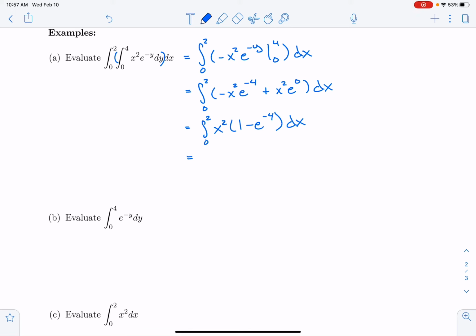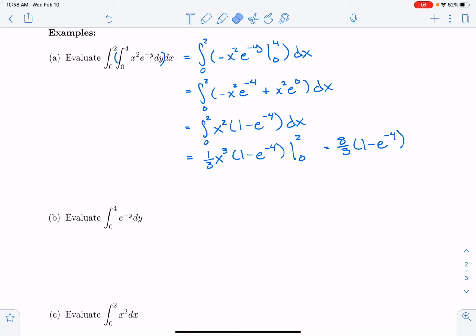So when I integrate dx, that's going to be 1/3 x cubed times 1 minus e to the minus 4, evaluated between 0 and 2. And so that's going to give me, substituting in 2, 8/3 times 1 minus e to the minus 4. And then I would subtract 0 when I substitute in 0 for x. Okay, so there is my double integral.